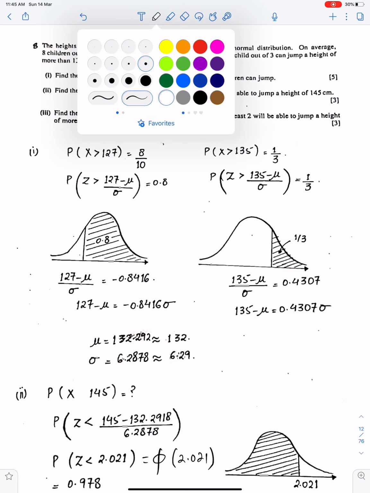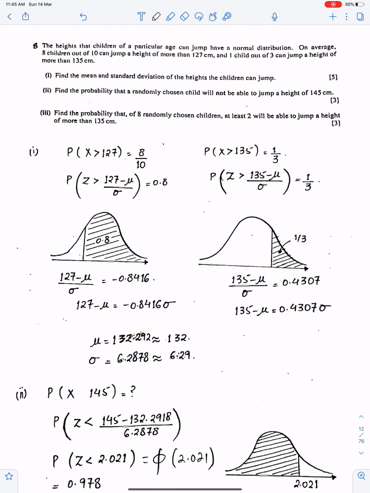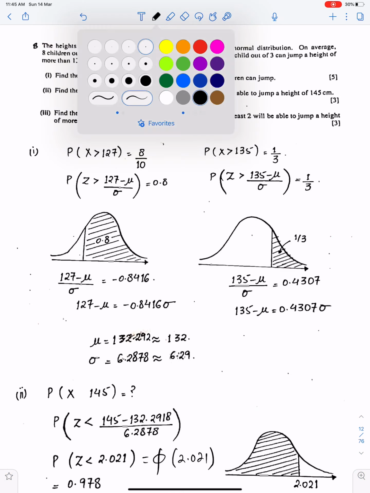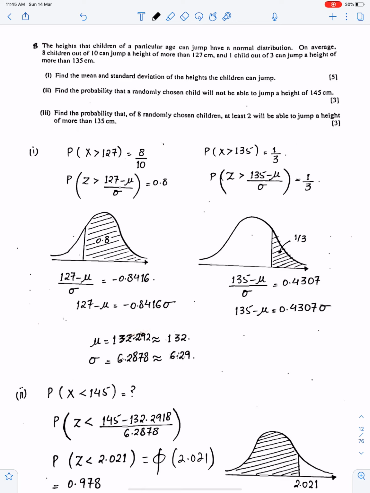So this sign is less than, that means 145 or less. So you can even write an equal sign here. It's your choice because in normal distribution, they both mean the same thing.